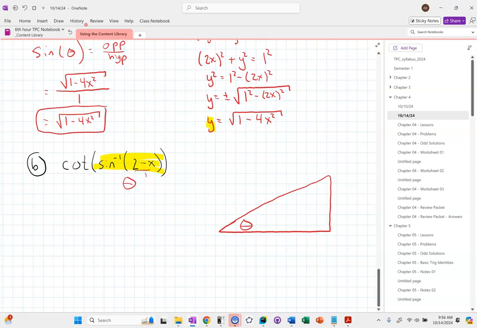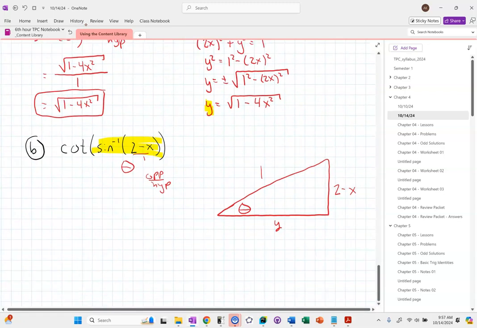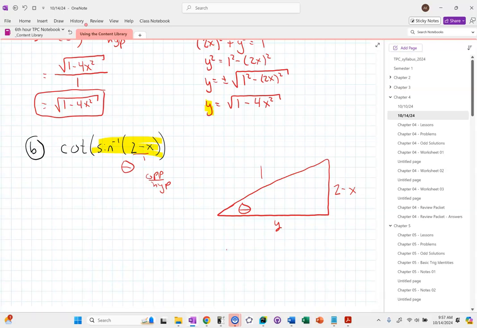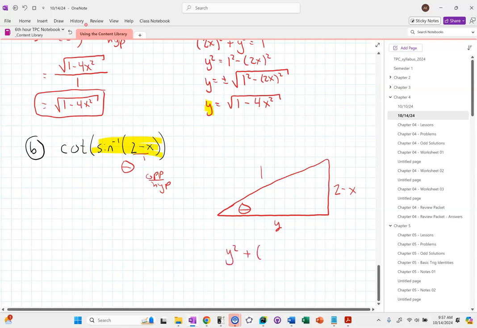If I think of 2 minus x over 1, and I have sine, which is opposite over hypotenuse, the opposite side should be the 2 minus x. The hypotenuse should be 1, and then I need to use the Pythagorean theorem to find this third side I'll call y.